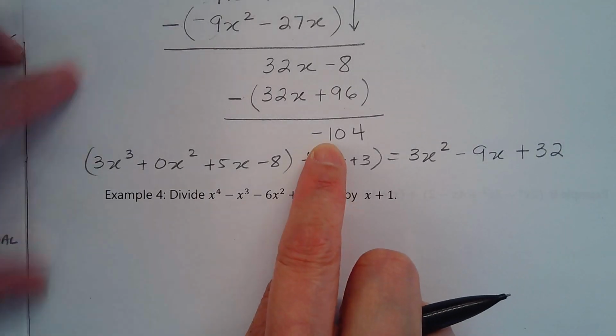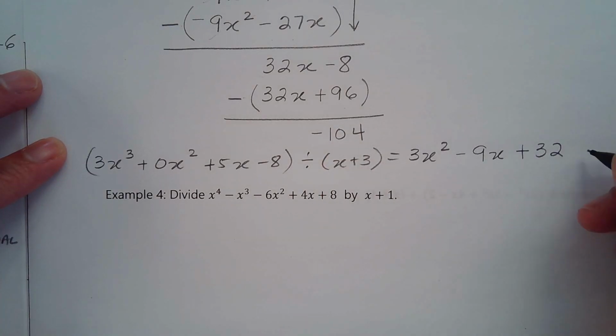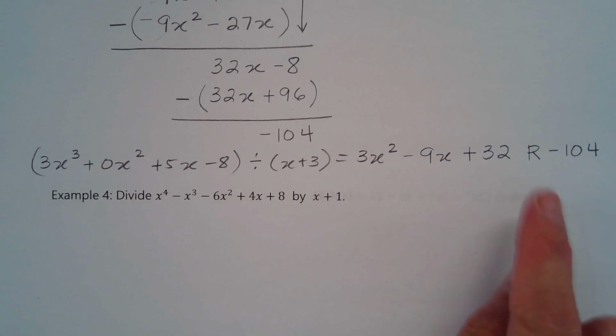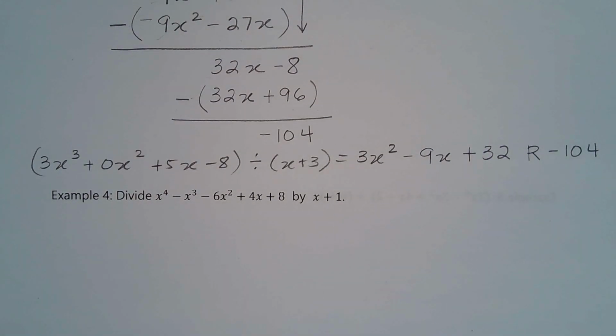And then there's a remainder. So you can put R, remainder, negative 104. Oops. Sorry, you can't see the remainder, negative 104. Okay?